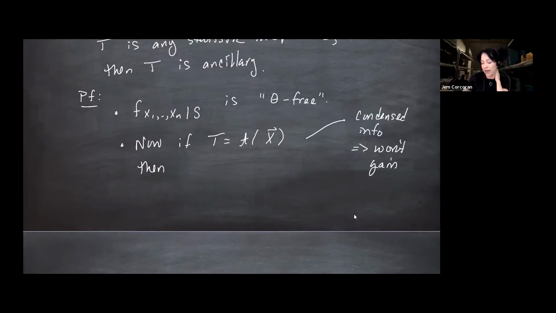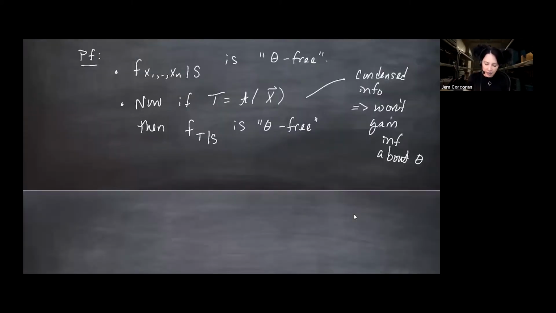So I can say that the conditional PDF for T given S is theta free. If I have all the X's and someone gave me S, I don't need all the X's, I don't need all the X squareds, I don't need functions of the X's. So this is going to be theta free.